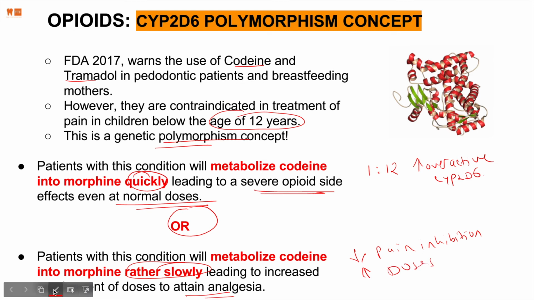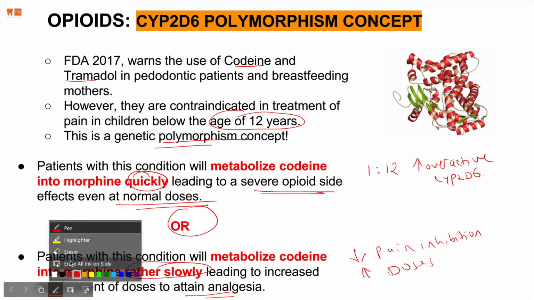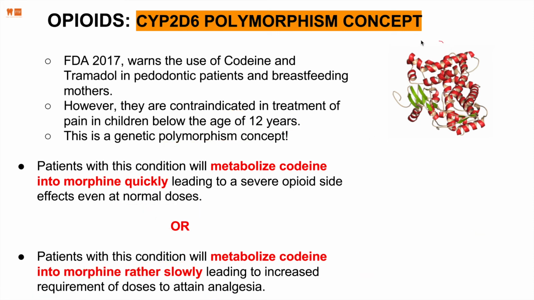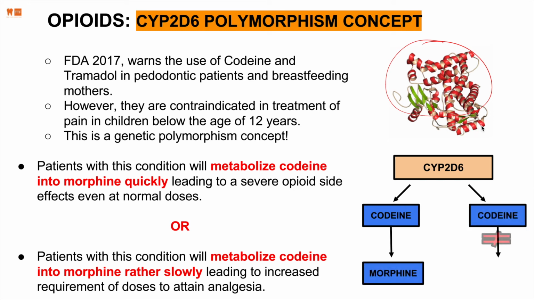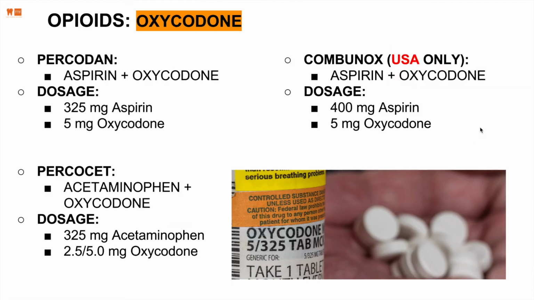Okay, guys? That's what the polymorphism concept is. This is what the CYP2D6 looks like, just as an image so we visually learn. So as a summary, CYP2D6 causes codeine to turn into morphine normally, or it prevents the codeine from being converted into morphine. Okay, moving on, oxycodone.